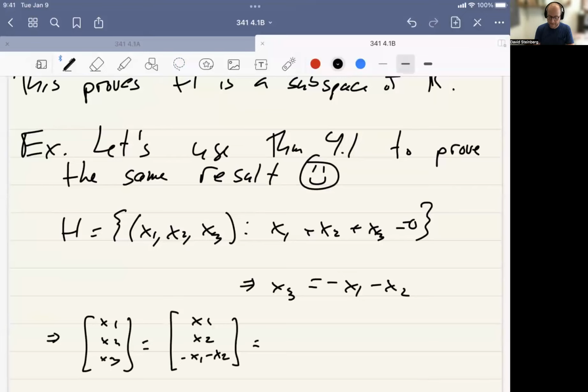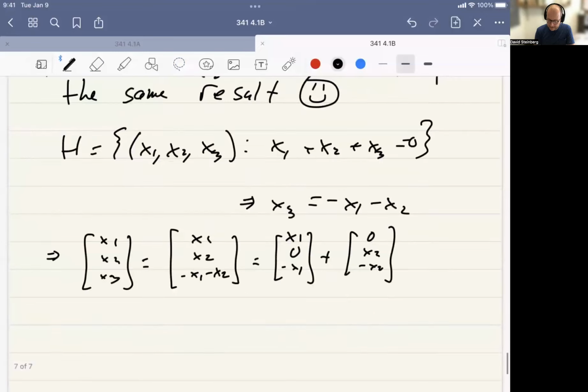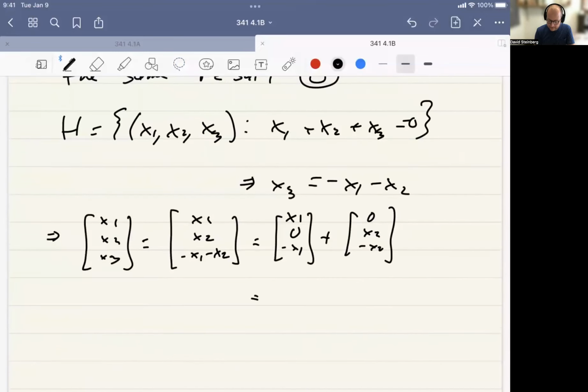And this is giving us some idea of how to express H as the span of two vectors, because look what happens. We get back x1, 0, minus x1 plus 0, x2, minus x2. And if we take out those scalar quantities, x1 times 1, 0, negative 1, and x2 times 0, 1, negative 1, we get back exactly H as the span of two vectors.